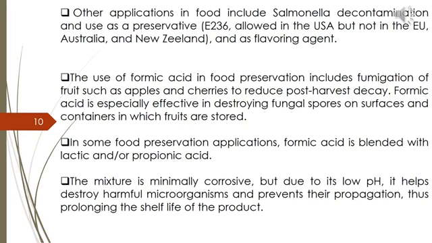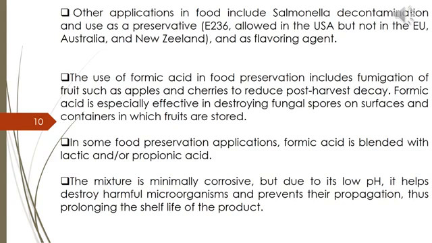So the spray of chemicals like formic acid, for example, is done in a way that their decay is reduced, that is slowed down, with the help of that fumigation of formic acid as a helpful agent to reduce the decay. Formic acid is especially effective in destroying fungal spores on the surfaces and on containers in which the fruits are stored.